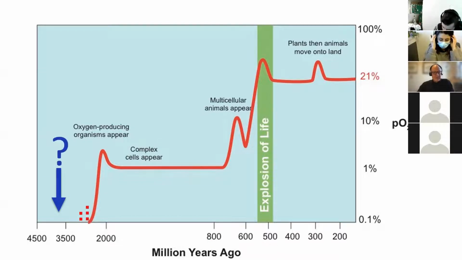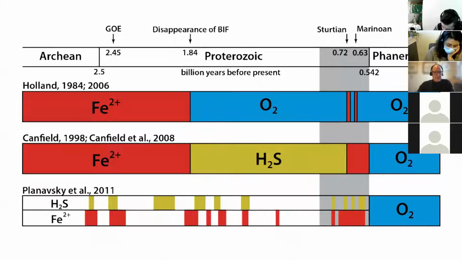So the question then is, how in the world did the ecosystems that evolved then, how did they operate? How did they function? Well, if you look at the composition of the ocean, again, from deep time to more recent time, Holland said, well, first, of course, because of the volcanoes, we have lots of input of reduced iron with iron oceans. Then you have the Great Oxygenation Event, and then you get titration of that iron by the oxygen, and then you get oxic oceans, and then during some of these massive ice ages, you don't have photosynthesis, you don't have uptake of iron by biomass, and you can maybe get some iron oceans again, and then what we have today.